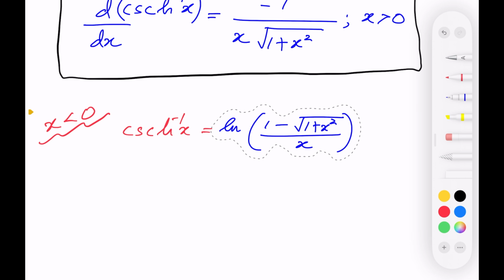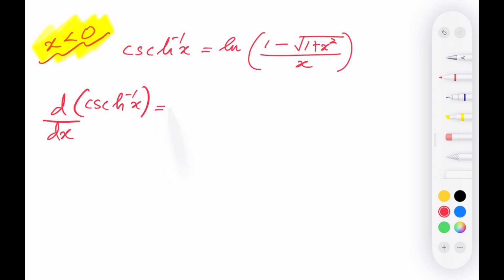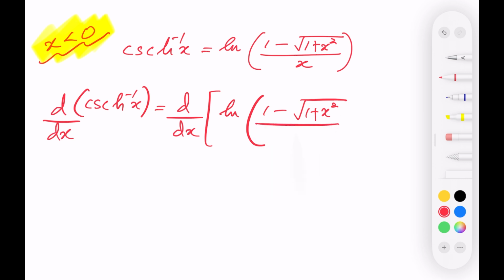We'll have it in red. All right, now I need to differentiate this function, and I need to keep in mind that I'm looking at the case where x is less than 0. When I differentiate that, d by dx cosec inverse x, in this case on the right hand side, d by dx natural logarithm 1 minus square root 1 plus x squared, all of that's divided by x.